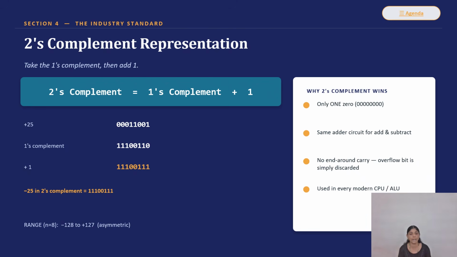So CPU and ALU follow only the 2's complement. There is no signed magnitude or 1's complement. All the CPUs in the current scenario use only this 2's complement. That's why we call it the industry standard.